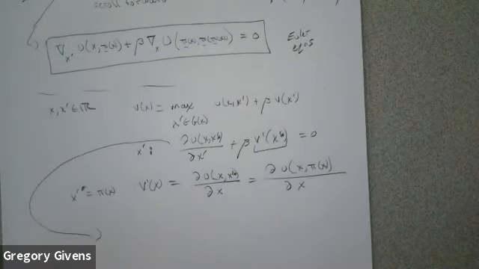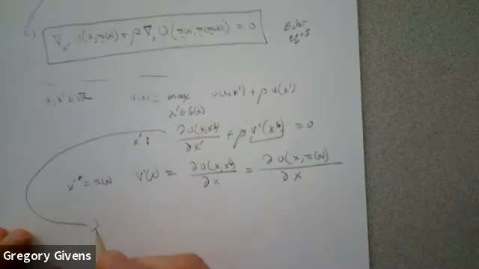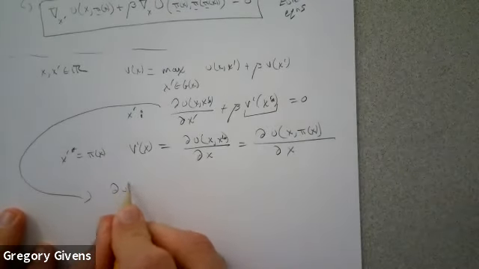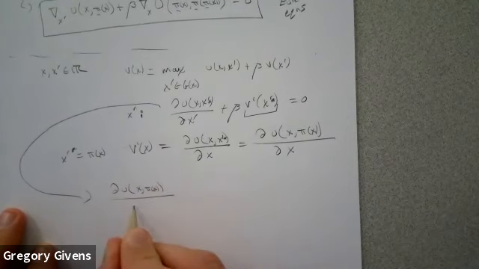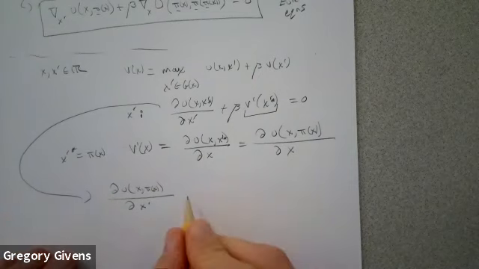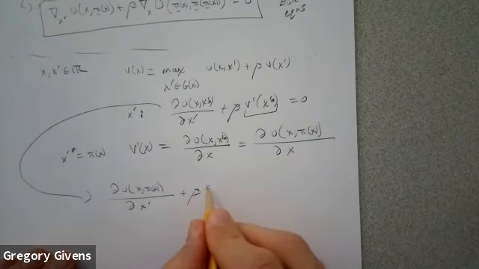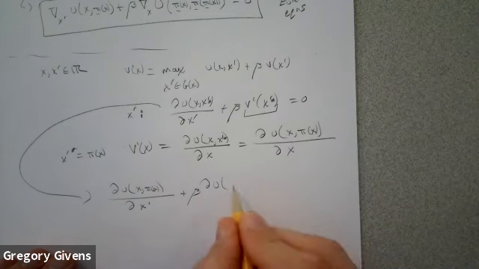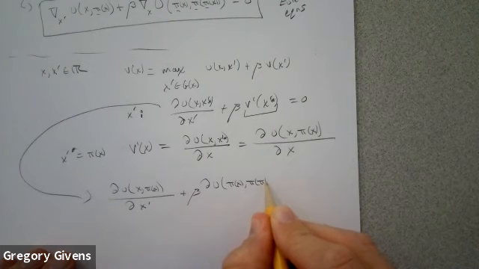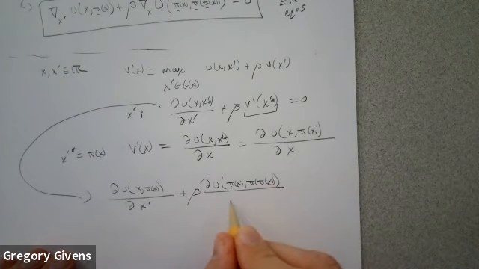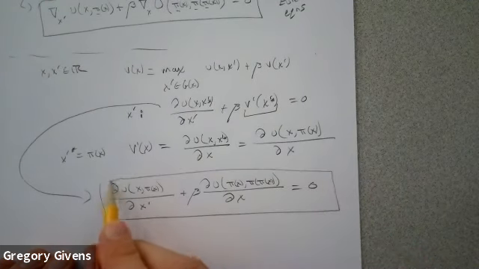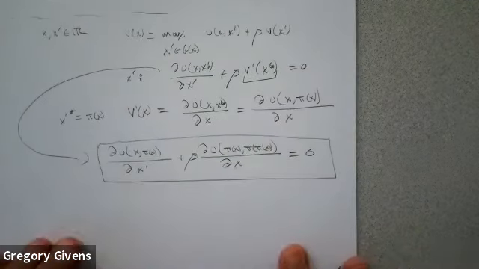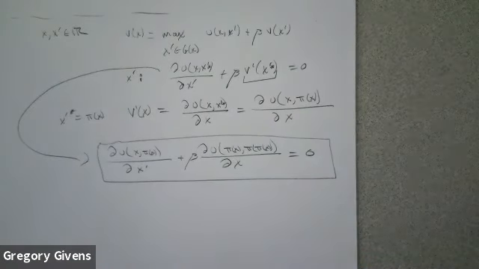We can then rewrite the Euler equation as partial of u x pi of x with respect to the second argument plus beta times the partial of u, let's say pi of x pi of x, with respect to the first argument is equal to 0. Just rework the problem in this case, in the scalar case.